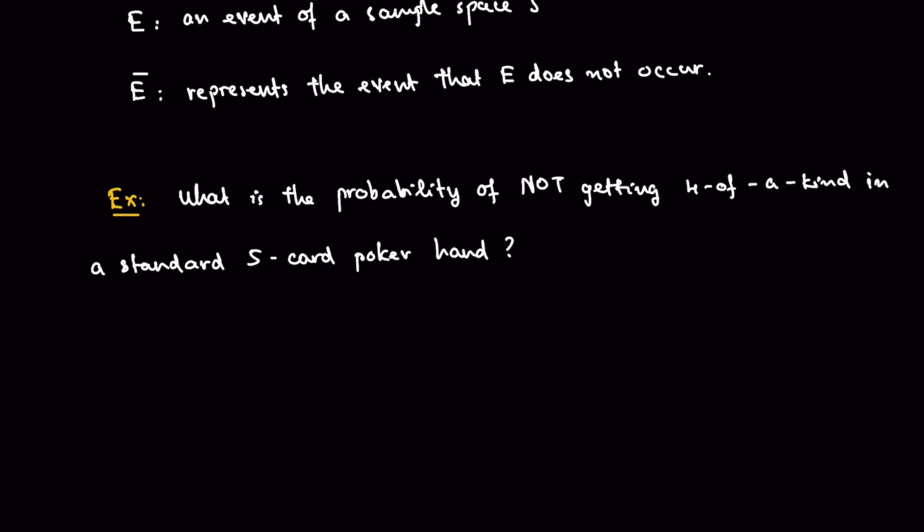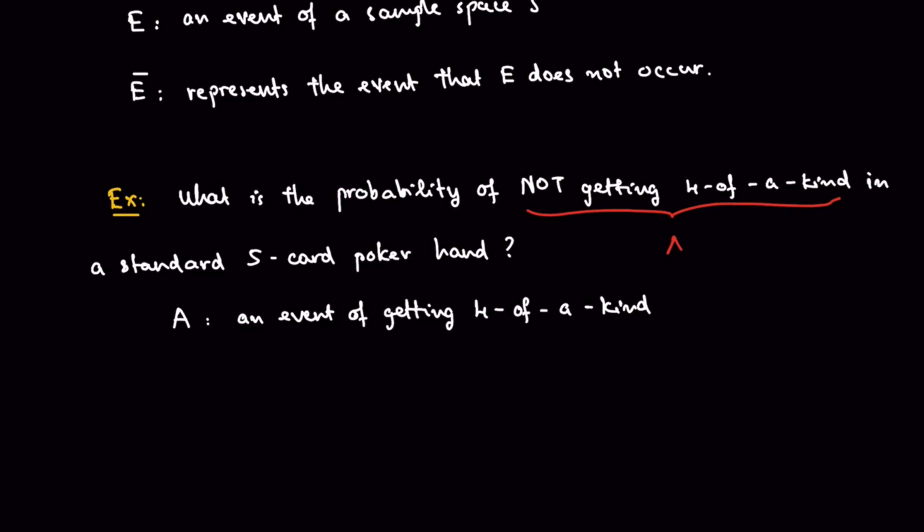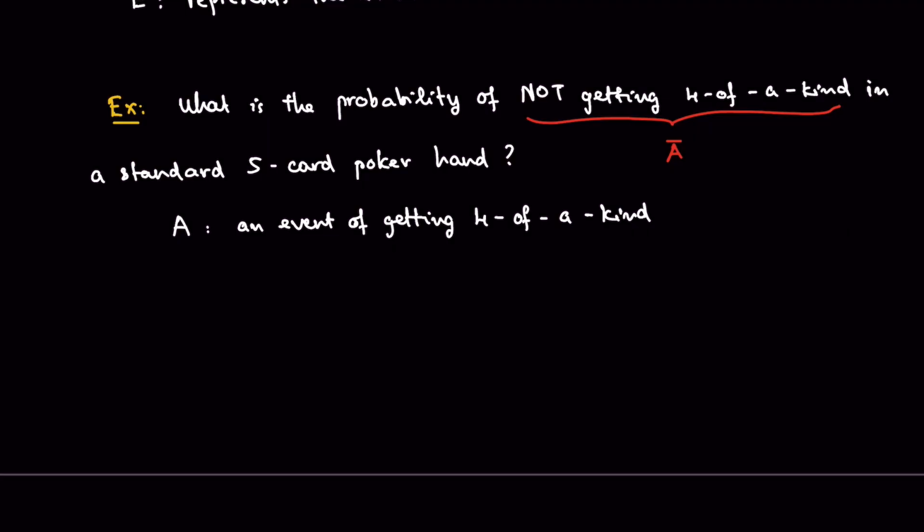We can let A be the event of getting 4 of a kind, and therefore the event of not getting 4 of a kind is going to be A bar. So calculating the probability of not getting 4 of a kind is going to be P of A bar equal to 1 minus P of A.